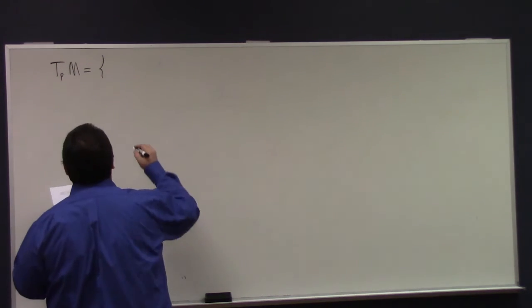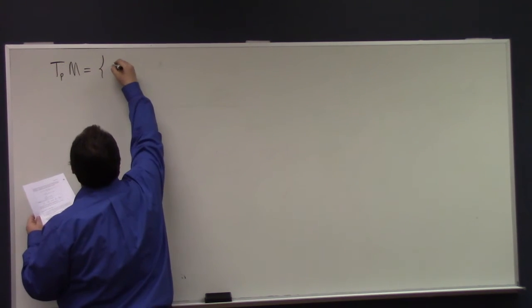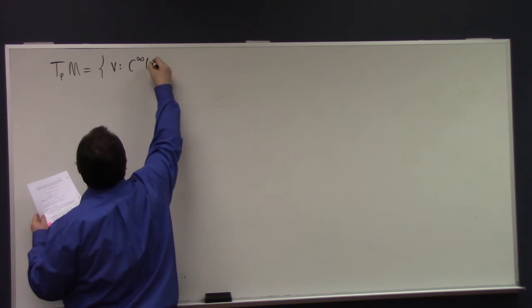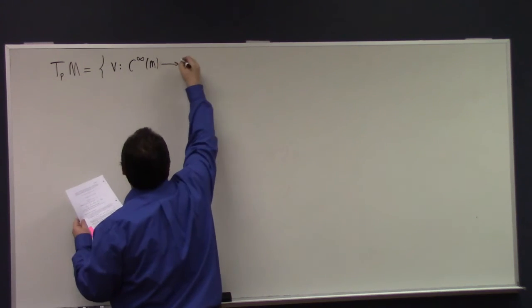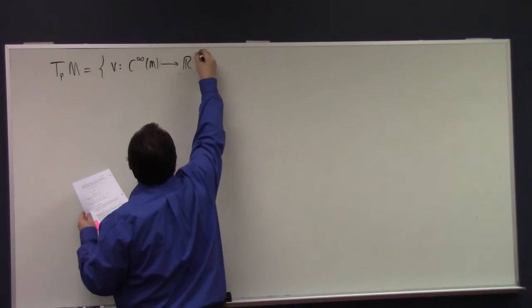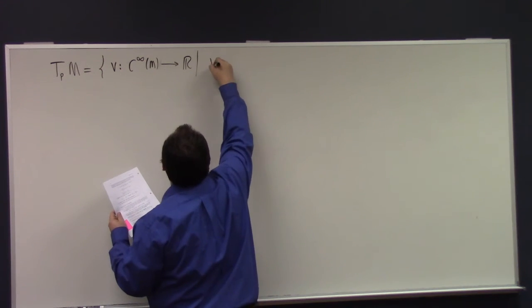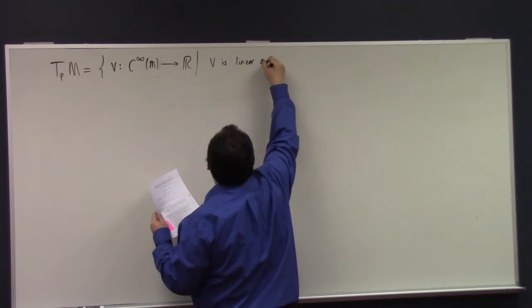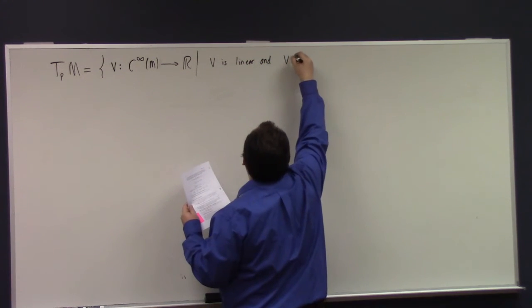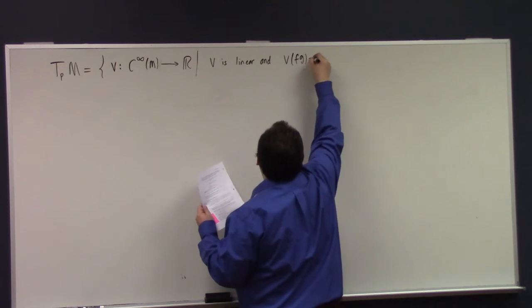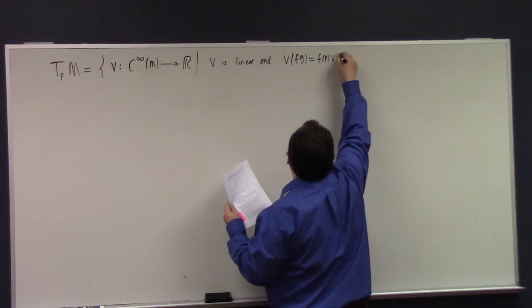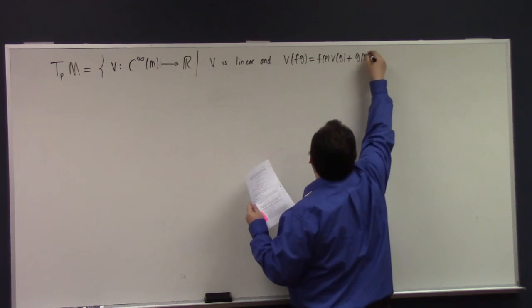So it's going to be V, mapping smooth functions on the manifold to the reals, such that V is linear and V of fg is equal to f(p) Vg plus g(p) Vf.